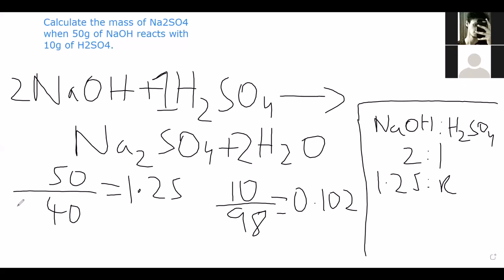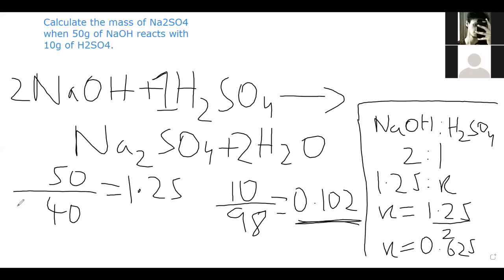So X is equals to 1.25 upon 2. X is equals to 0.625. So this means that to neutralize 1.25 moles of NaOH, we require 0.625 moles of H2SO4. However, we have only 0.102 moles of H2SO4. Therefore, H2SO4 is the limiting reactant.